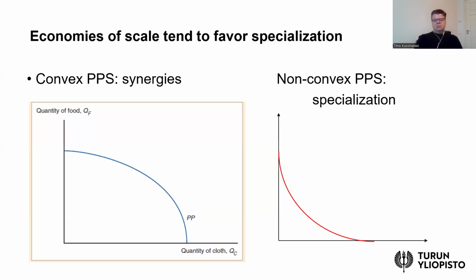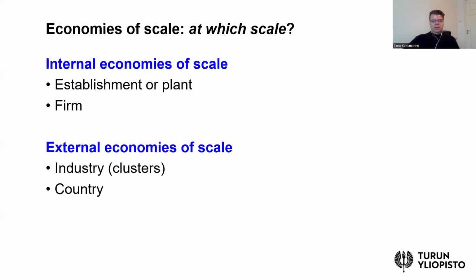So this is one reason why economies of scale are very important for a country's supply schedule and specialization. Then one question about economies of scale that we will discuss at more length in the following lectures is at which scale the economies of scale actually occur.